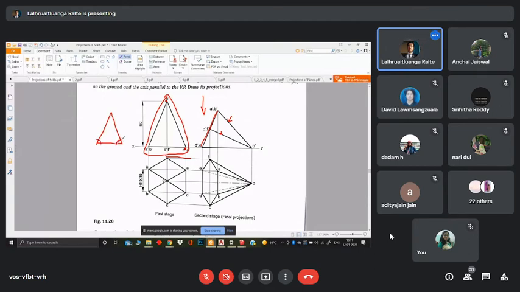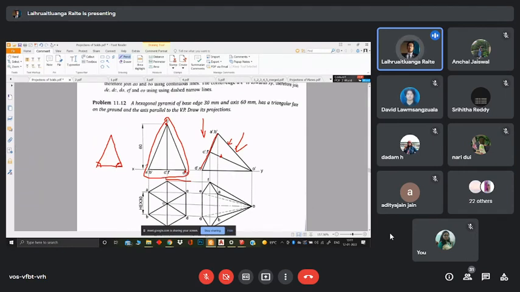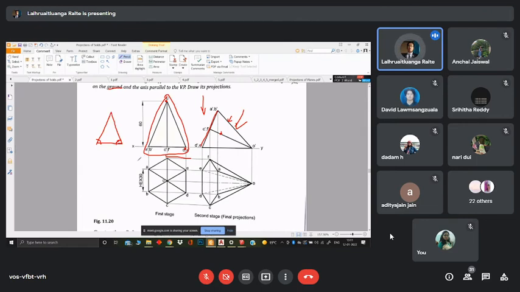In its altitude position, as it is like this, you would be able to proceed by making it stand vertically on the horizontal plane first, and then proceeding with the way we used to do it in the previous projects. So for example, if the question says it has a triangular face not on the ground but on the vertical plane and the axis is parallel to the HP, then we are going to simply reverse it. This part will come up, this part will go down. As simple as that.